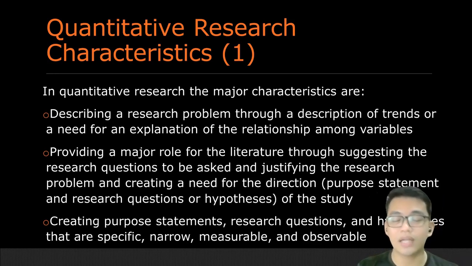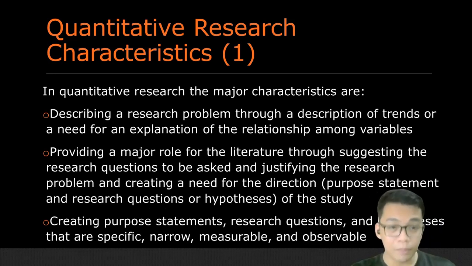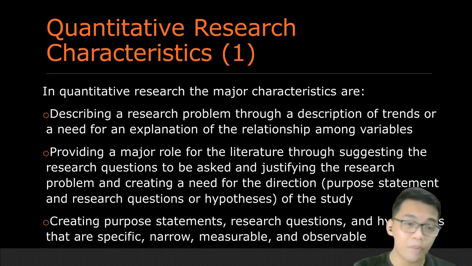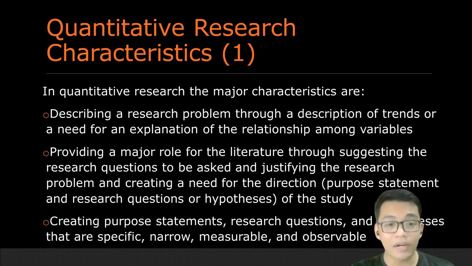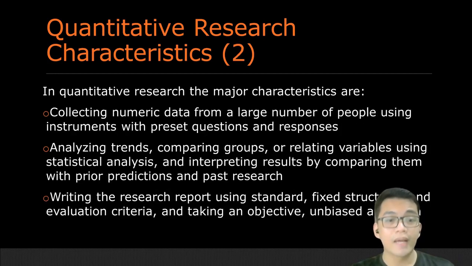It is describing trends and explaining relationships among variables. Second, the RRL plays a major role in shaping and justifying its purpose. Third, its purpose statements, research questions, and hypotheses are specific, narrow, measurable, and observable.